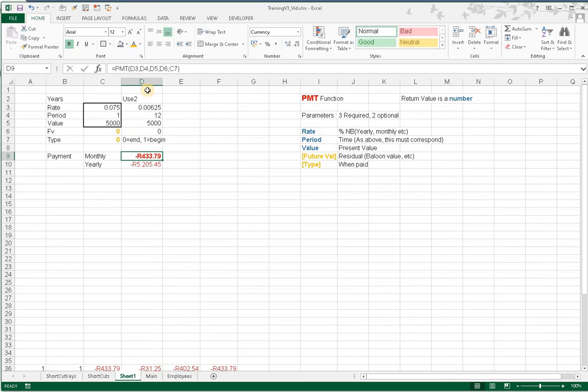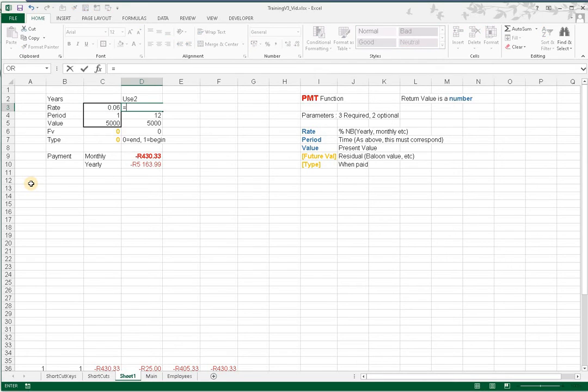Before I start showing what we've done, let's assume the rate is 6%. So we're borrowing 5,000 Rand over a period of 1 year at a rate of 6%. Now that is an annual rate, so I have to divide that value by 12 to get a monthly interest rate.